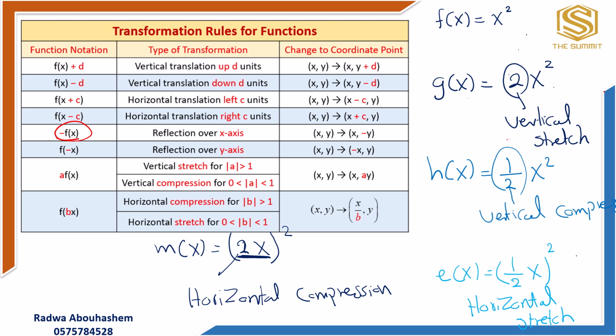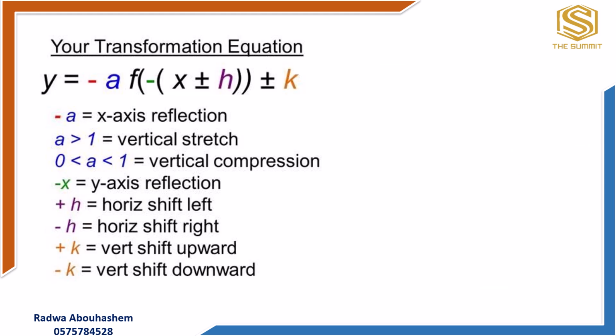Okay, now we have a general equation for the transformation. Here's a summary of all of the transformations. Here, y equals negative a function of negative x, positive or minus h, positive or minus k. The negative here is for the reflection over the x-axis.